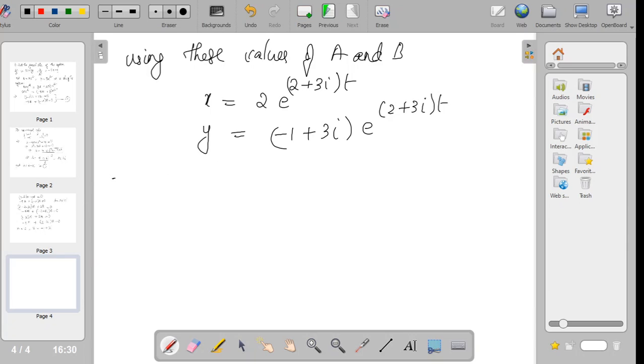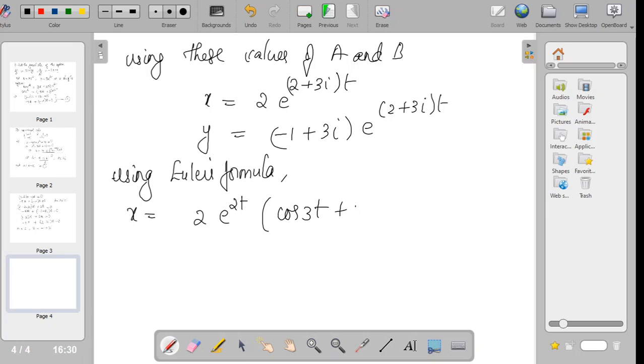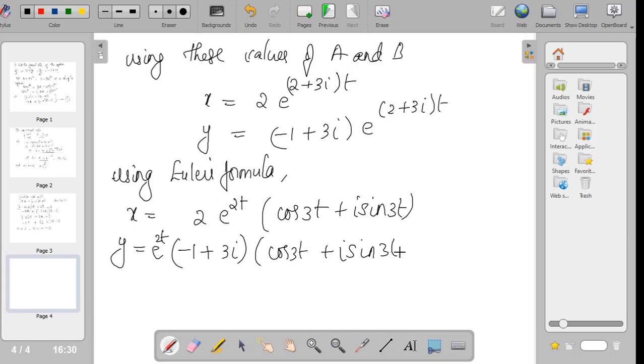And now by using Euler's formula, separate into real and imaginary parts. So that will give us x equal to 2 e raised to 2t into (cos 3t plus i sin 3t), and y will be (minus 1 plus 3i) e raised to 2t common, (cos 3t plus i sin 3t).